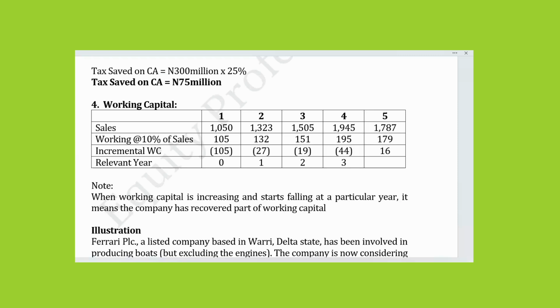So that is what happened in between year 4 and year 5. Okay, so note that.